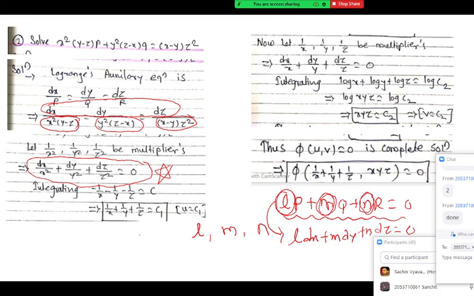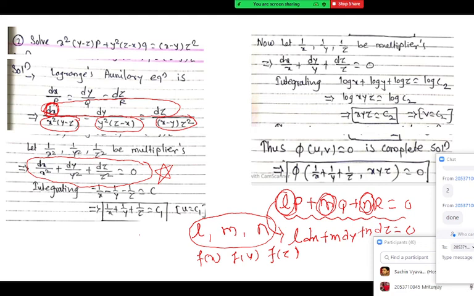Why are we doing that? Because the numerator differential coefficient is dx, and to integrate dx we should have a function of x only. So when we select this multiplier element, indirectly we are selecting some function of x, function of y, and function of z, whose multiplication with P, Q, R should sum to 0.